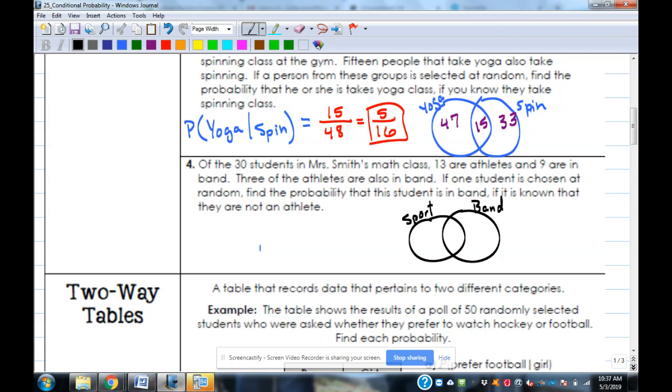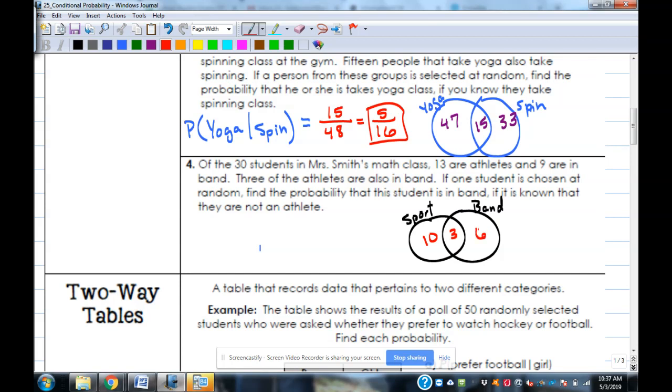How many people are athletes? 13 total are athletes. How many of those overlap? 3. So we know there's a 3 in the middle, right? How many are in sports only? 10. How many are in band only? 6, right?